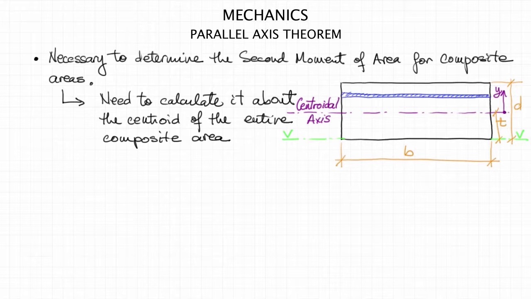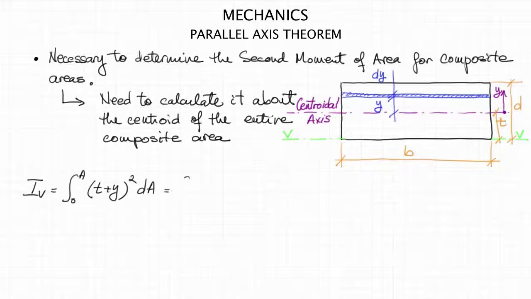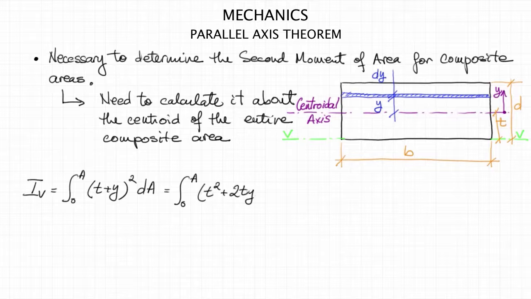And we will select again an area element, a very narrow element, having a thickness of dy, so infinitesimally small, and which is located at the distance y from the centroidal axis. We can now calculate the second moment of area with regard to the VV axis as the integral from 0 to A of (t plus y) squared dA.